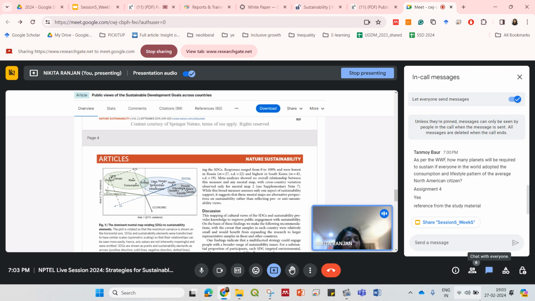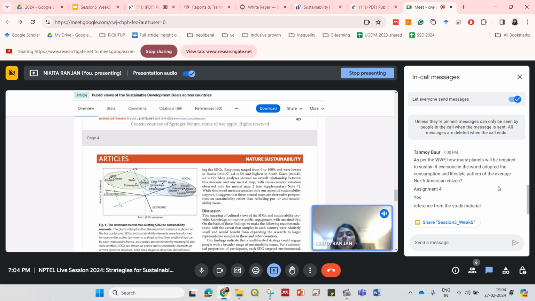Thank you, ma'am. Tanmay, you are asking that you want the reference material for the question for World Wildlife Fund, how many planets will be required? So, Tanmay, I think you can get the reference material in the lectures itself. In the week 4 lectures, you will get the reference material for this.